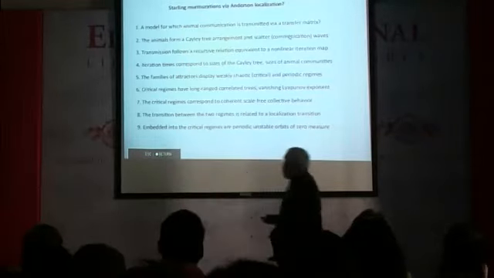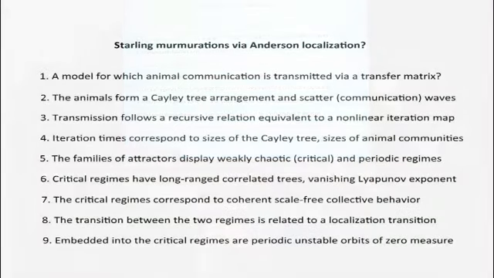So that's why we have this here. There's no point really in describing them. I ended up in the ninth one with these periodic unstable orbits embedded in the attractor.